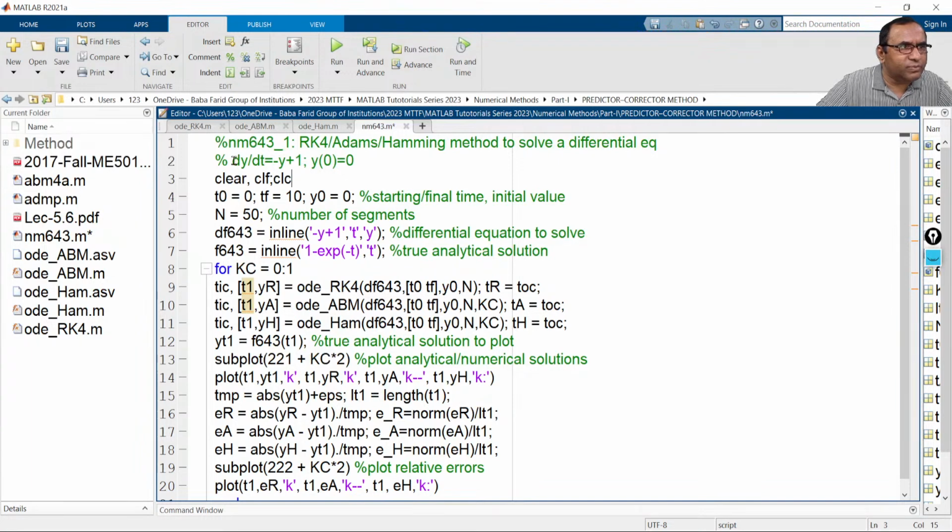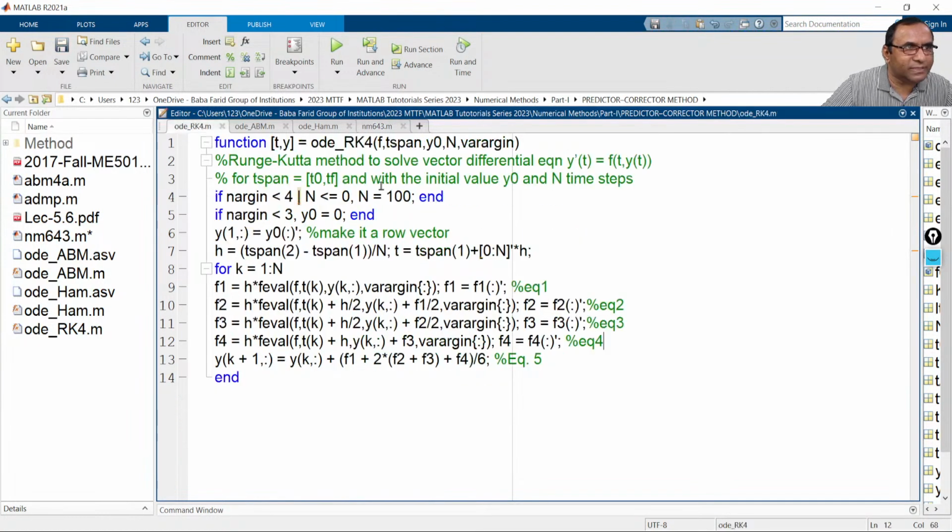Okay, so we want to write a program in such a way that it can be easily used for all types of differential equations, which are ordinary differential equations, with the initial condition, and the interval is, say, 0 to, okay, so this interval is the time span.